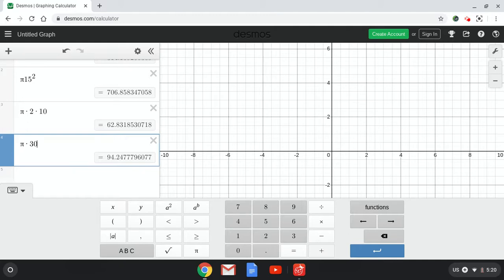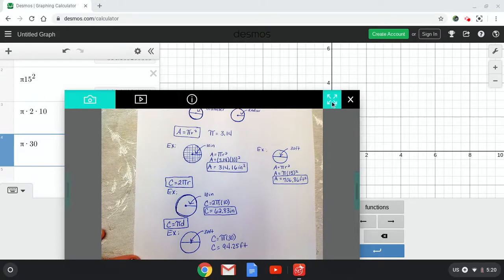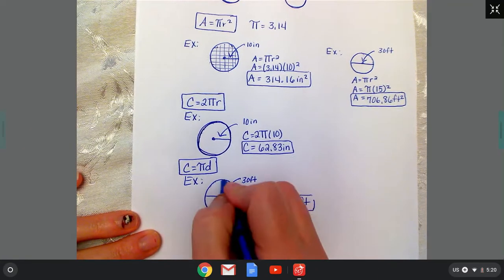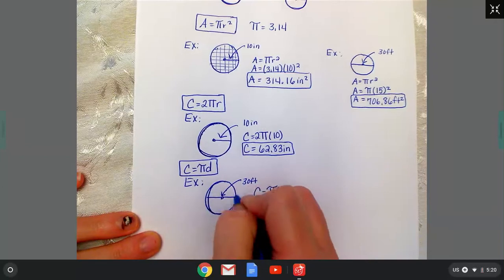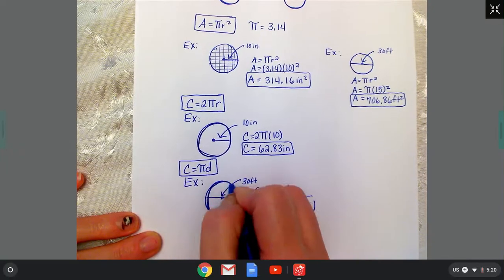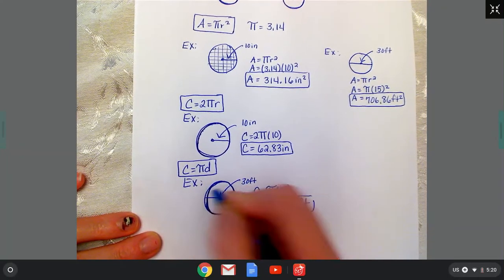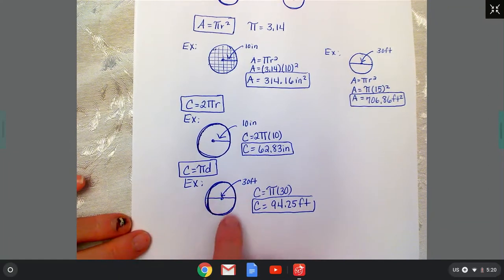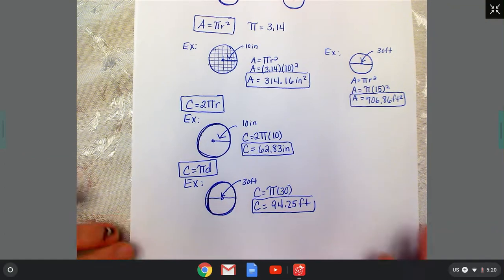That's 94.25 feet. Again, we're not going to put feet squared because we're not covering this with little square units. We're just going around the outside of it. We want to know what that length is. So for this circle with a 30 feet diameter, it would have 94.25 feet distance around it.